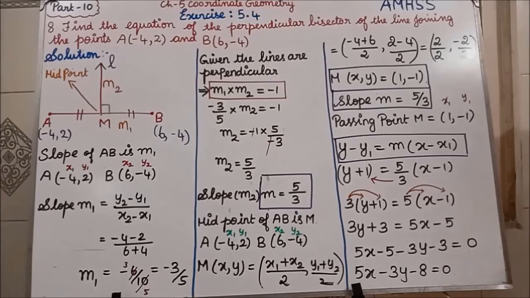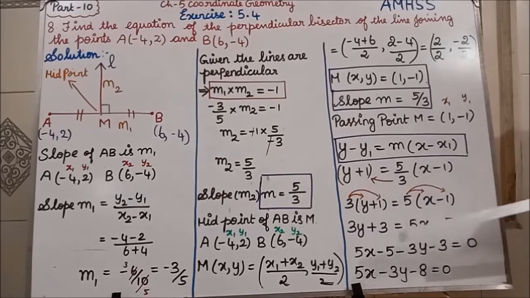Clear? The equation of a straight line, in what format will we write? We will write the x term, the y term, then the constant, isn't it? So the x term we already have positive on the right hand side, so you don't move these terms. You bring the 3y and 3 to the right hand side. So now I am writing 5x minus 5 as such. Taking this 3y to this side, it will become minus 3y, and plus 3 will come to this side, it will become minus 3.